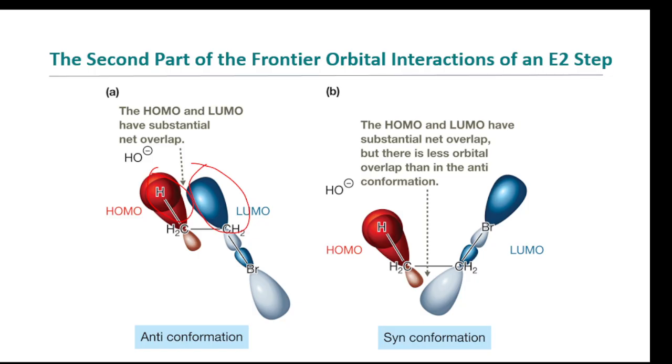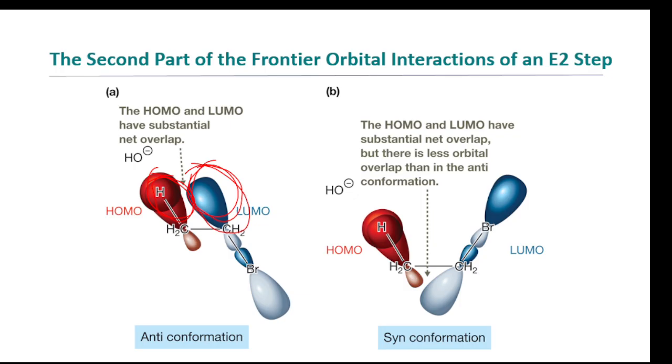This is the anti-conformation, by the way, for making the anti-conformation double bond. If we have an overlap with this LUMO here, this is going to be a direct overlap with this HOMO and this LUMO here. Now, that will give us the anti-conformation.